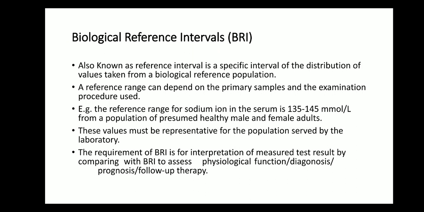In detail don't bother much. All this that I have told you, from automation and auto analyzer types through to the biological reference range, you have to write in a separate record. You buy a 100 pages record from the stationery shop.